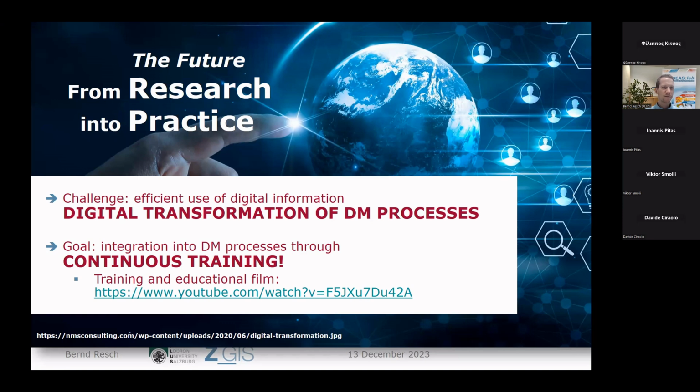How do we go from research into practice? I think, and we're pretty confident there, our information products are good enough, are far enough, are mature enough to be used in practice. And that's what we have found in about 15 to 20 real-world use cases.